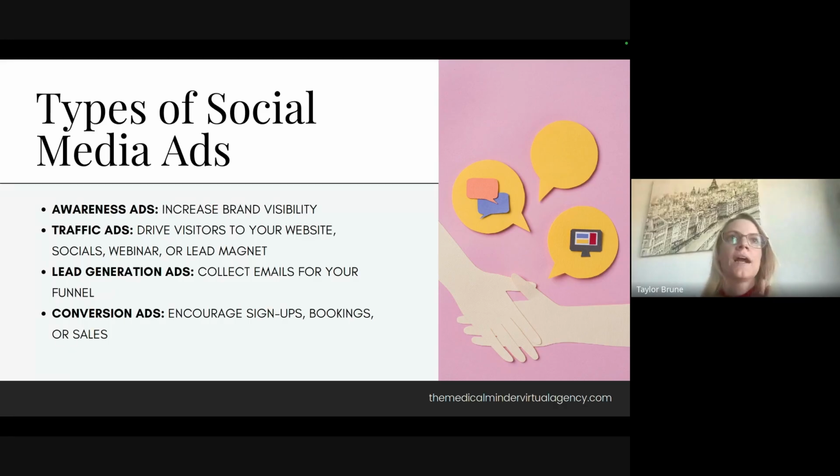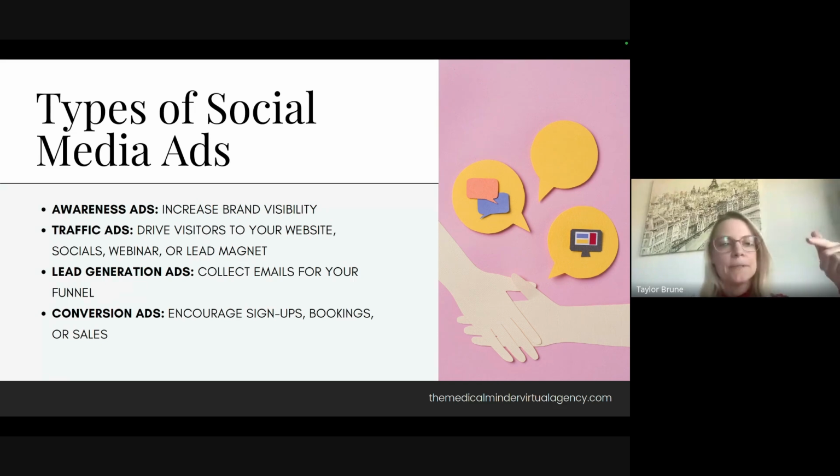This is where it increases your brand visibility and the awareness of your website and social media accounts. It's similar to traffic ads, which also drive visitors to your website, socials, your webinar, or your lead magnet for emails.